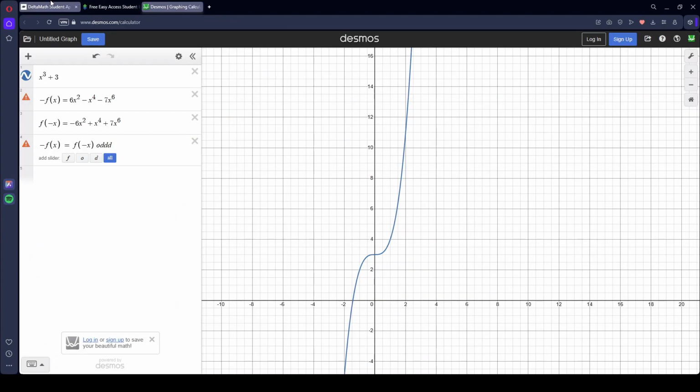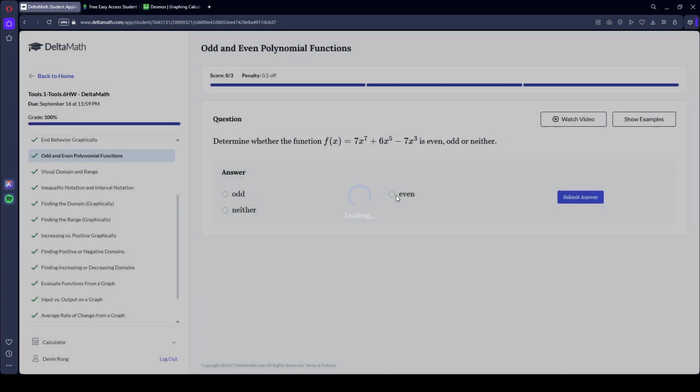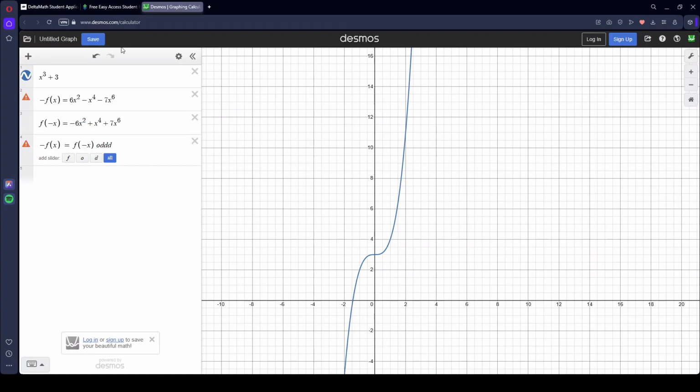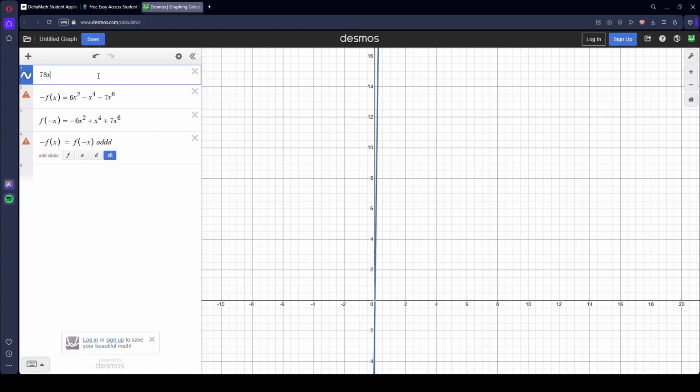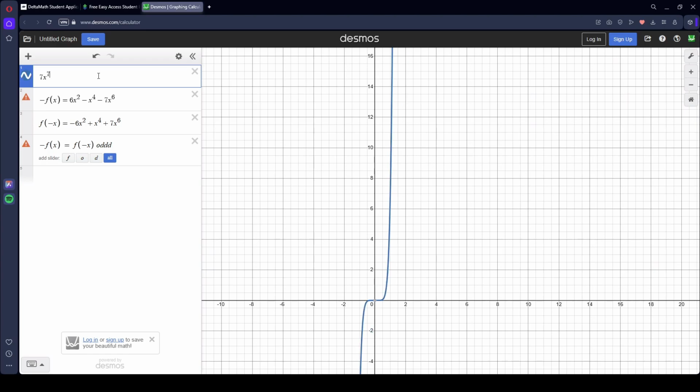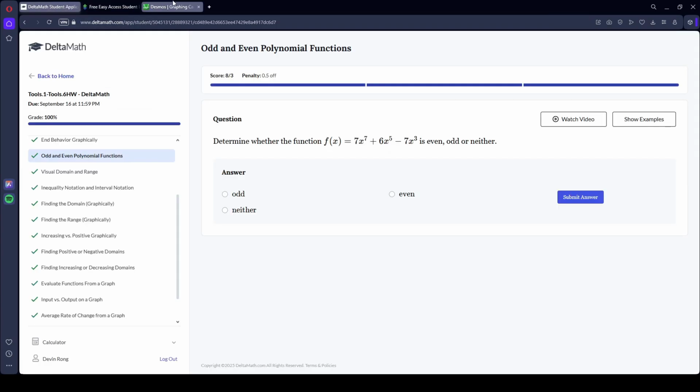This is not going through the origin. If it doesn't go through the origin, for odd, then it's an even.